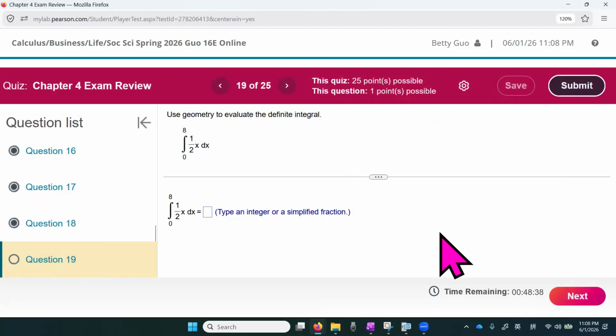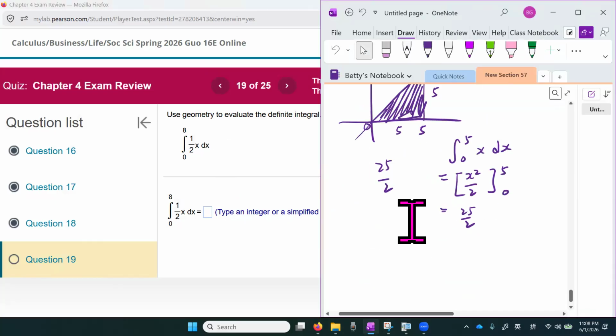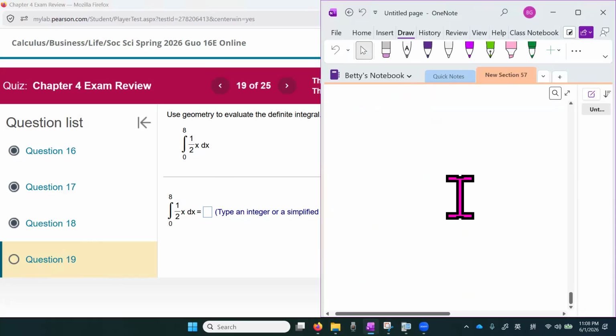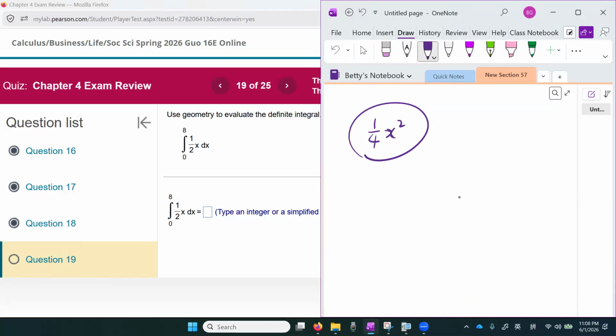Question number 19. You can use a similar method, or you can just use the integral. The antiderivative is 1 over 4 x squared. If you take the derivative of this function, you would have 1 over 4 times 2x, that is x over 2, okay?